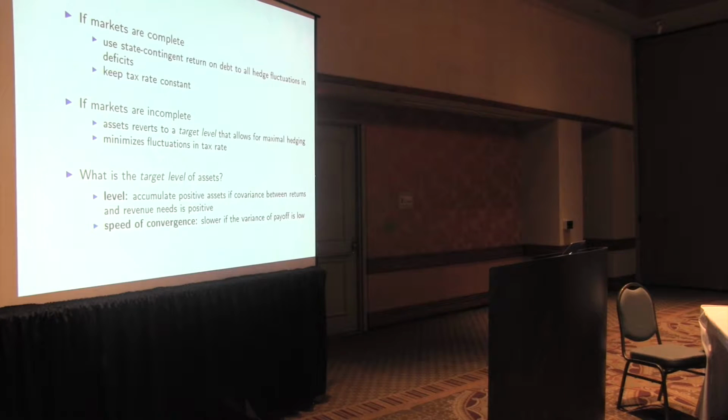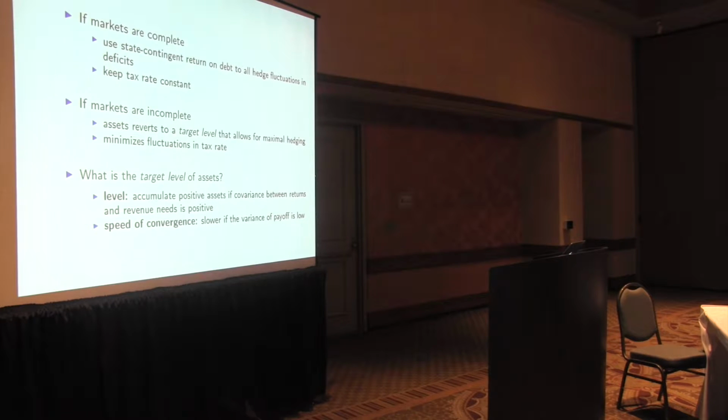Remember, this paper is going to be less complete than fully complete markets, but it's going to offer more state contingency than a bond. So what is important is that when we develop the theory, we are going to be agnostic about what exact market structure there is, and focus on how returns co-vary with the government's needs for revenue.